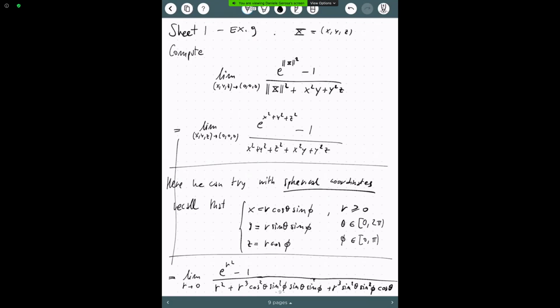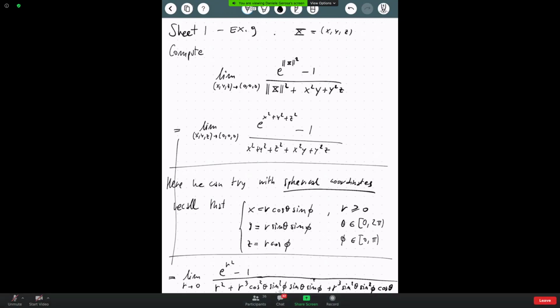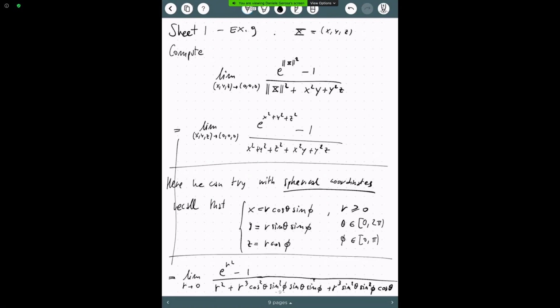let me double check with the book too. Spherical coordinates.